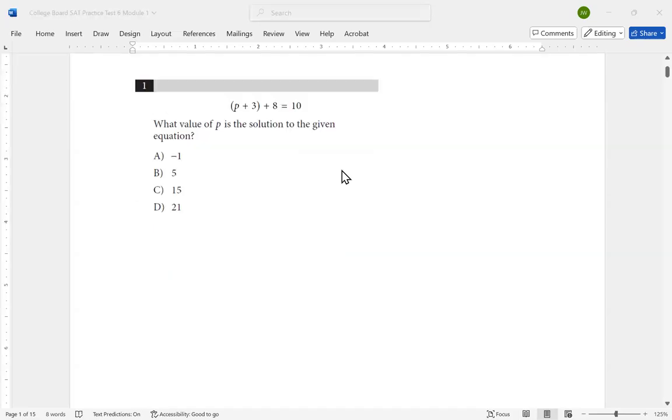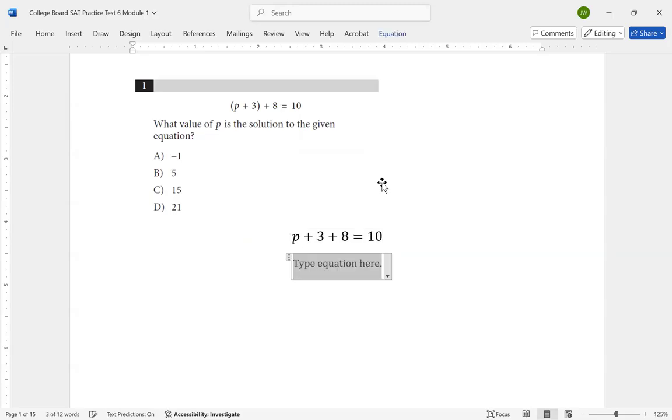Question 1 says, what value of P is the solution to the given equation? So the given equation is P plus 3 plus 8 is equal to 10. What we need to do there is essentially realize that those parentheses are not doing anything. So that's like P plus 3 plus 8 equals 10.